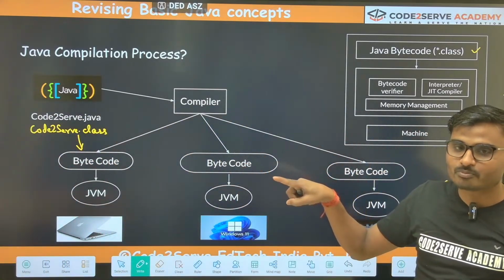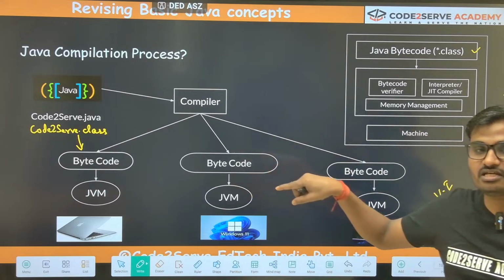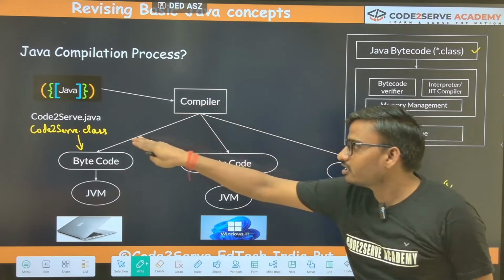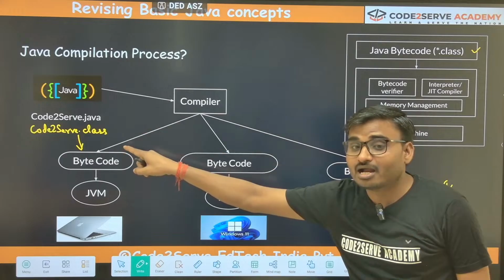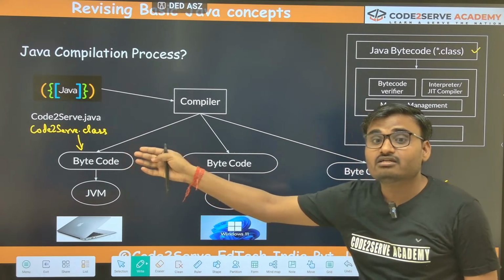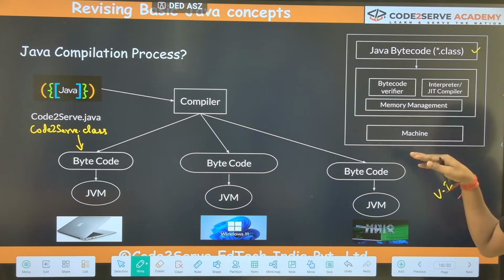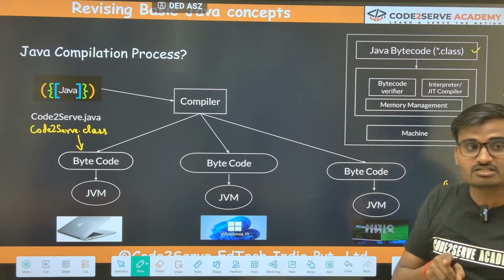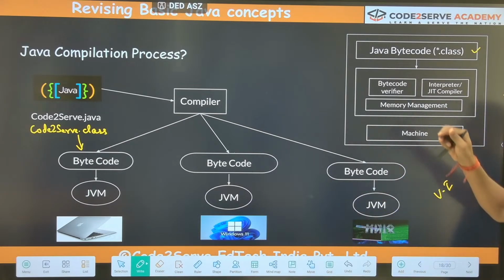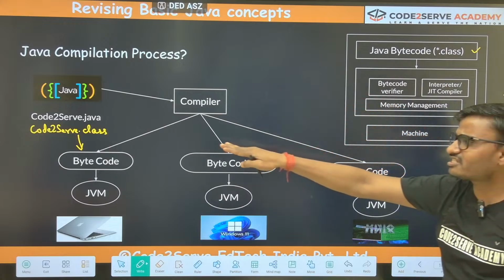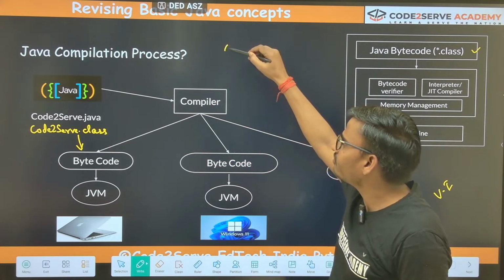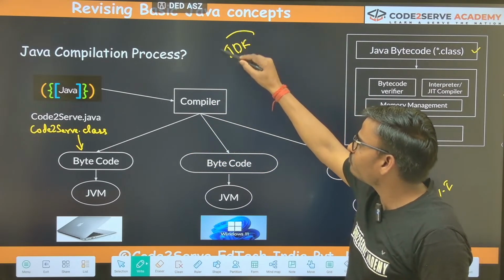Now come back to the process, what was happening behind the scenes. You clicked, the .class file got created, and this .class file is created by the JVM, the Java Virtual Machine. Whatever is installed in your system, whenever this bytecode is created, there is a platform that we need, the JDK.